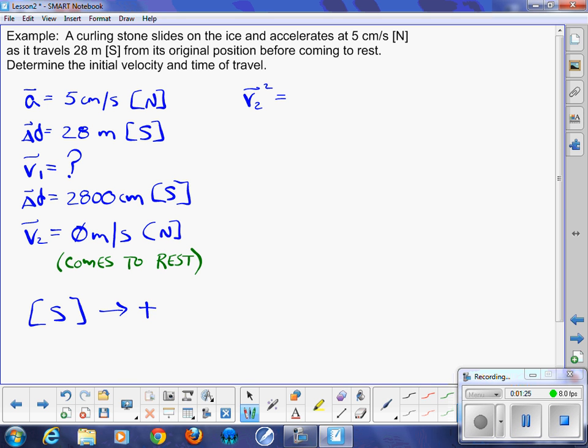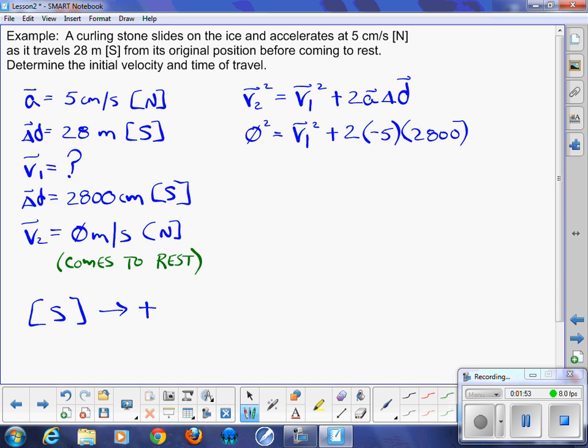That's V2 squared equals V1 squared plus 2A delta D. So V2 squared is 0 squared, V1 is what we're looking for, plus 2. My acceleration was north, so I'm going to enter it as -5. And my delta D, my displacement, was 2800, and it's positive because it is in the south direction.